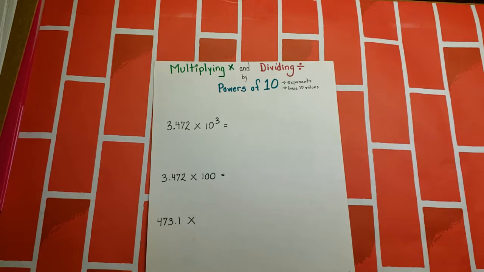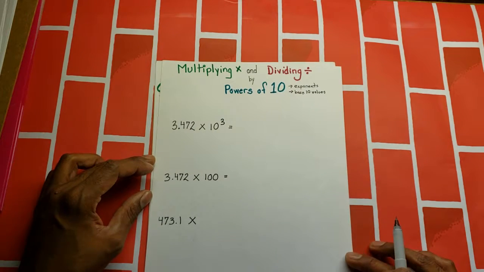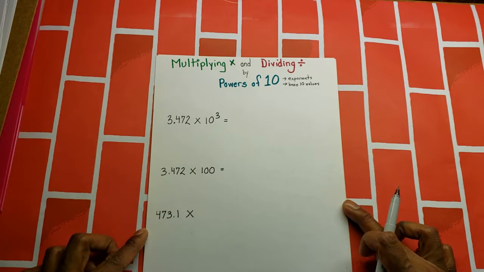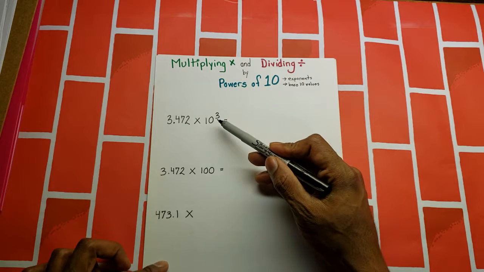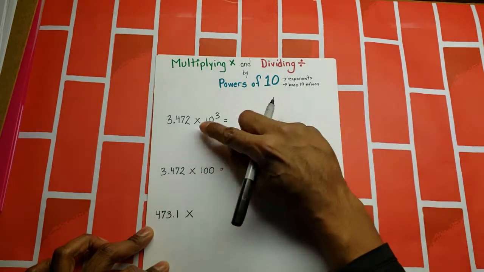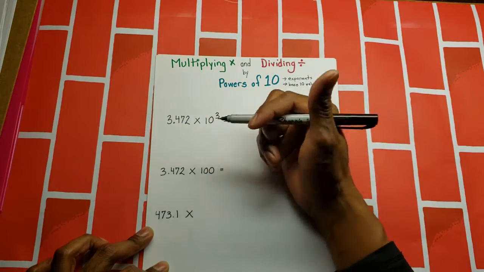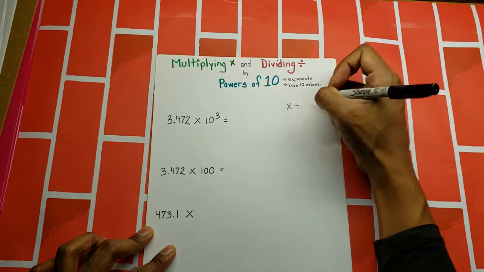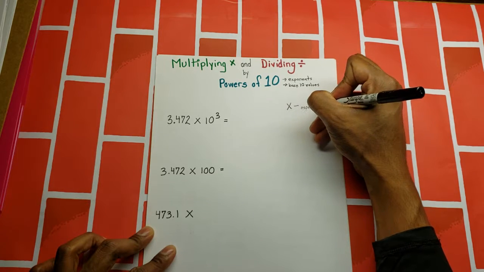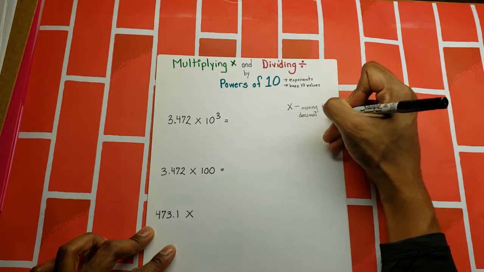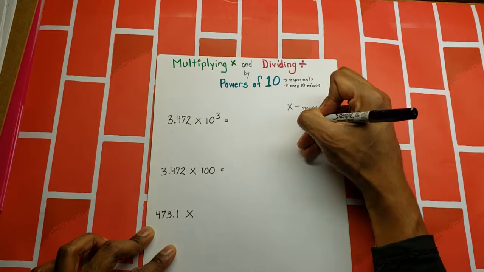I have the number 3.472, and I'm multiplying that by 10 to the power of 3. For certain students, they can tell right away that since we are multiplying, we are shifting our decimal to the right. So when we are multiplying, we are moving the decimal point right.